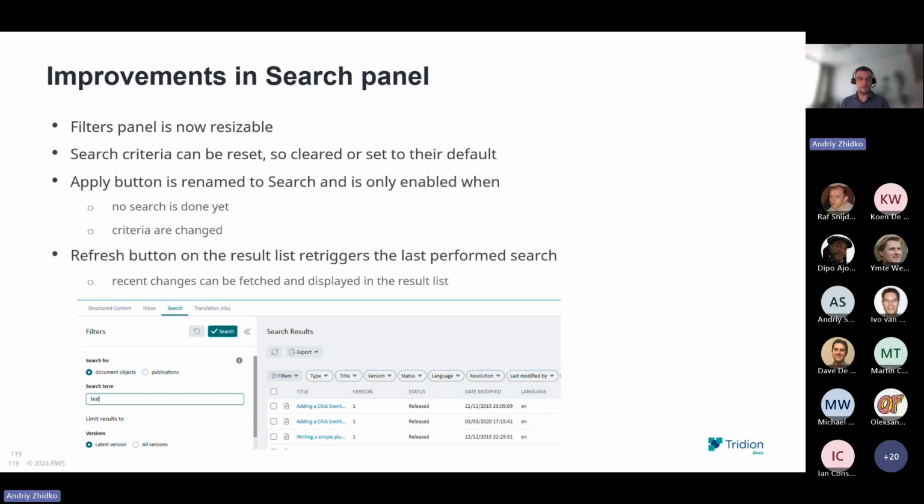And if the search criteria didn't change, the Search button will not be enabled. And also when you did perform a search, you have a search list. Once you click the refresh button, it will also trigger the search once more using the same search criteria. So it can be useful in case you are expecting some updates or some new items that should appear.